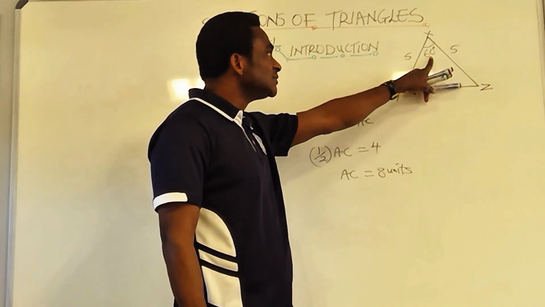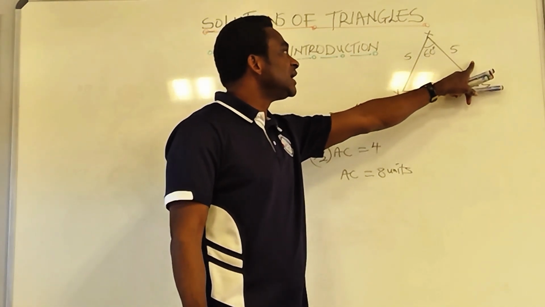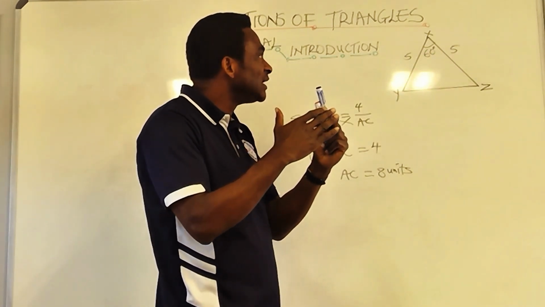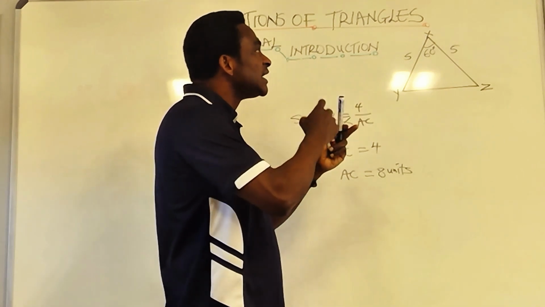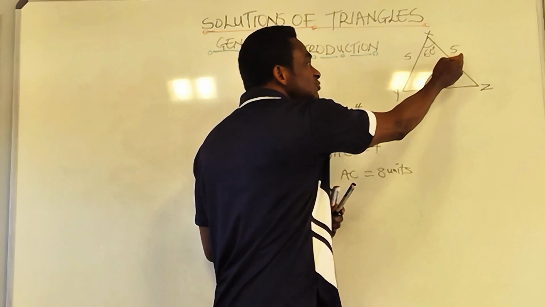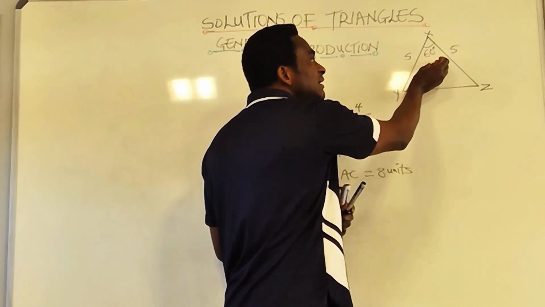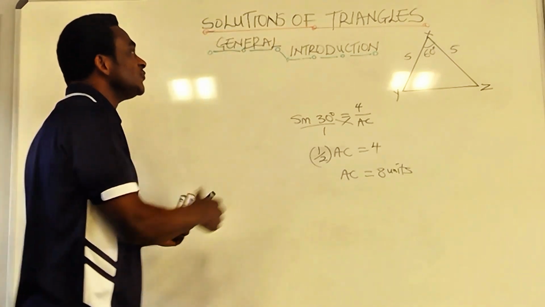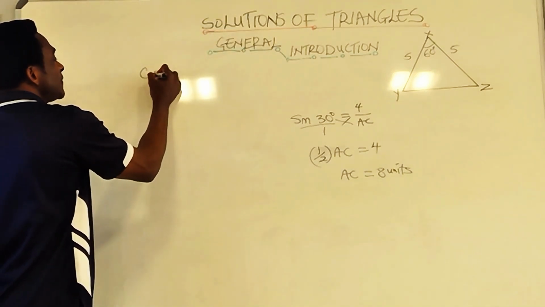There's an angle, and two sides given. The two sides are around the angle. We call it two sides and included angle. Whenever the angle is in the middle of the two lengths given, then you have to use what we call the cosine rule.